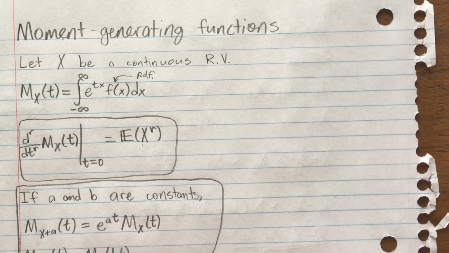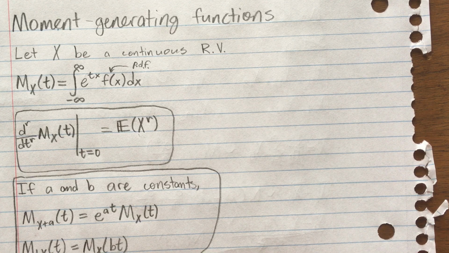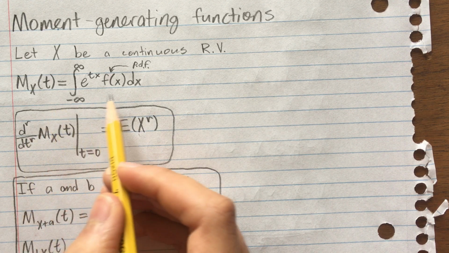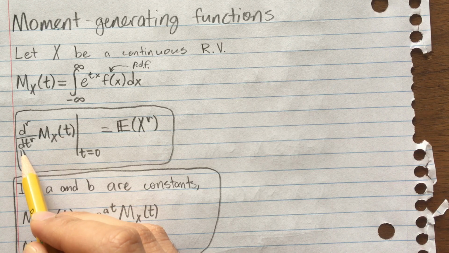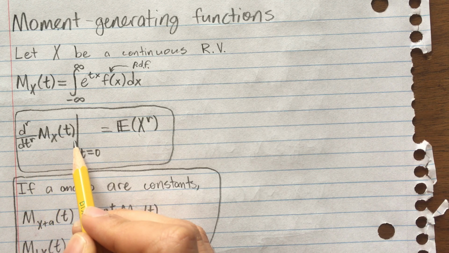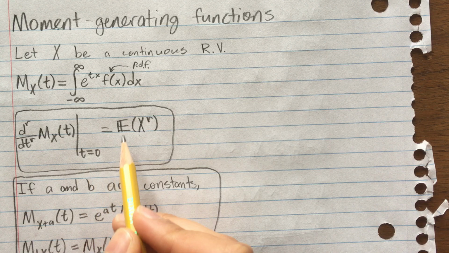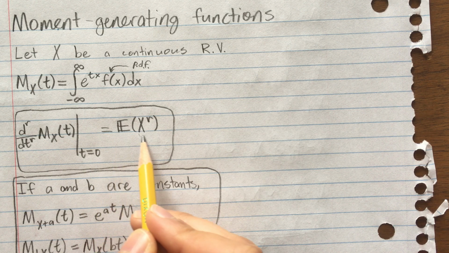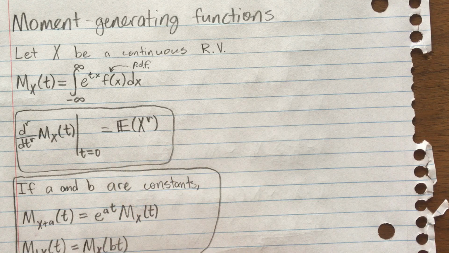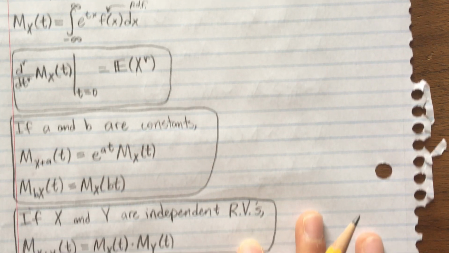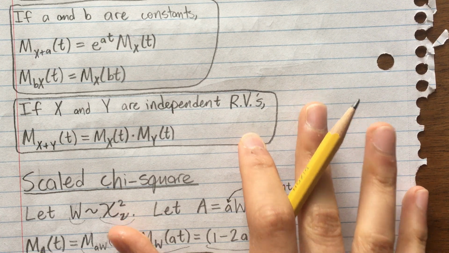Here are some quick facts about moment-generating functions. Here's the definition of a moment-generating function. Here's the property that if you take derivatives of the moment-generating function and evaluate them at t equals 0, you get various moments of the random variable. And here are some extra properties.